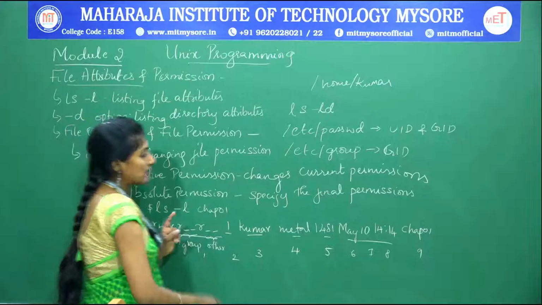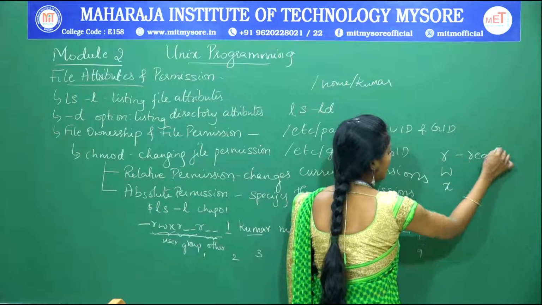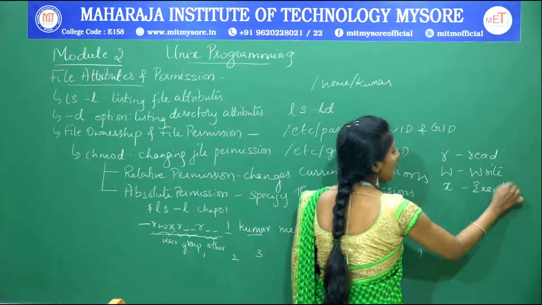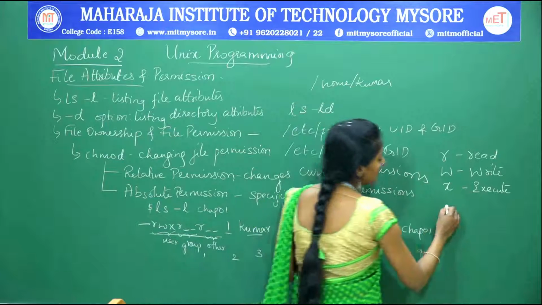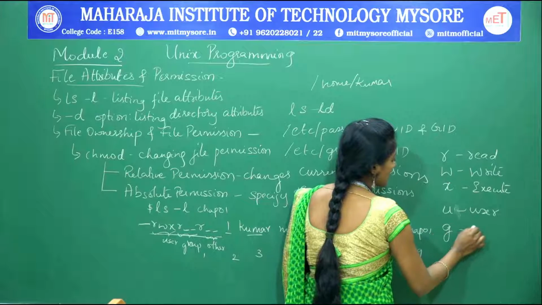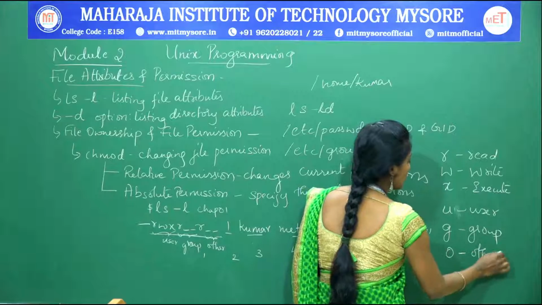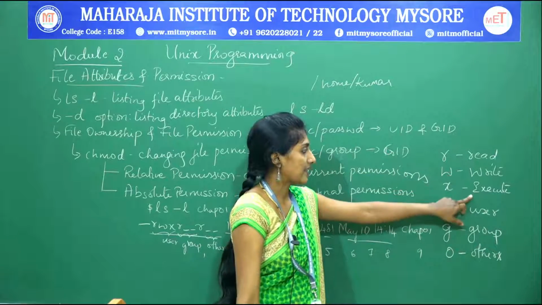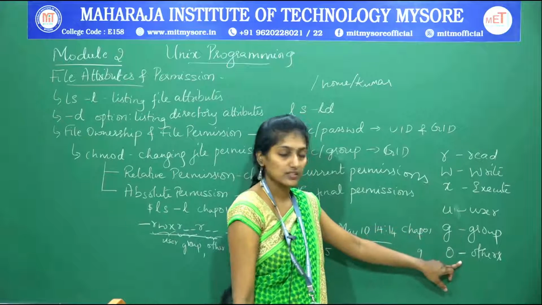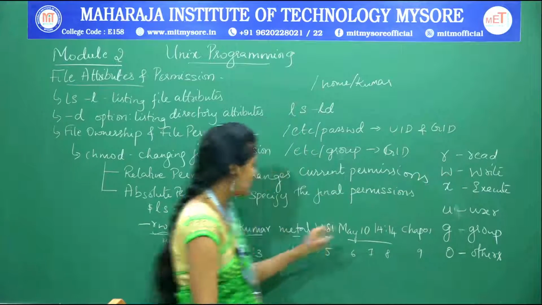RWX is an abbreviation for read, write and execute. Likewise, U represents user, G represents group and O represents others. For all these 3 categories, the permission assigned is in this way.